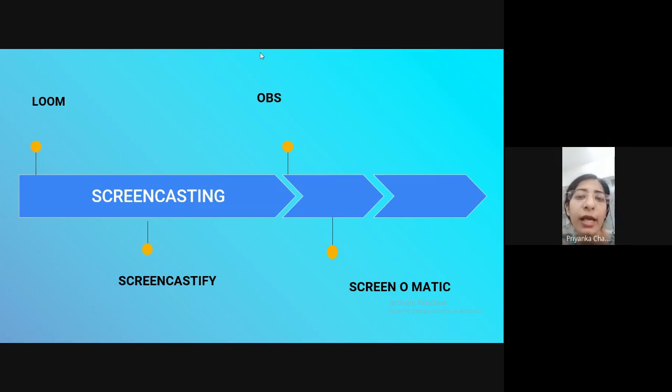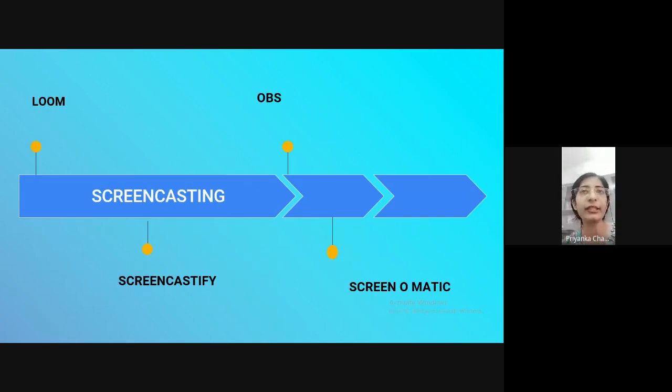For OBS you have to download the software, and Screencastify is freely available for 15 minutes. You can add your material for 15 minutes and then it will be automatically saved in the Google Drive.